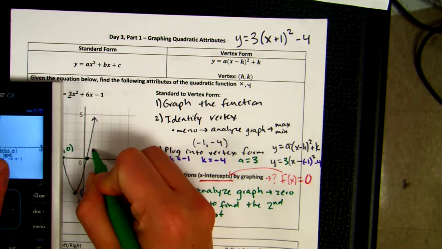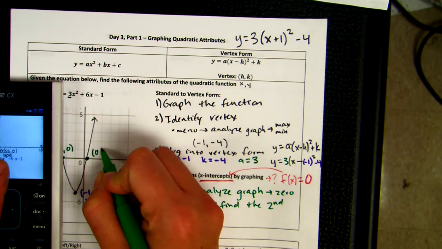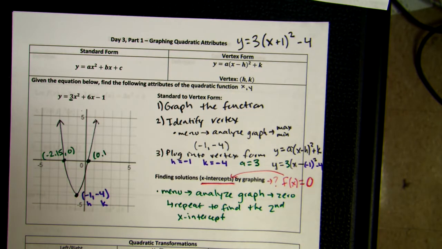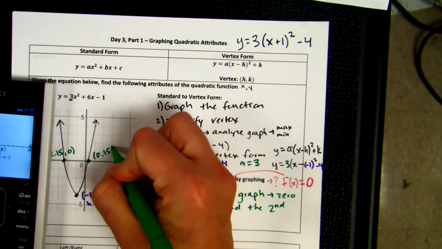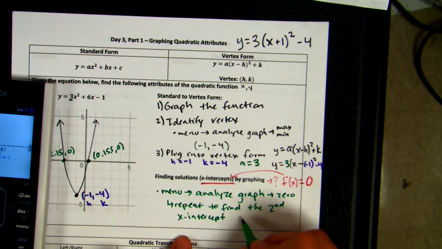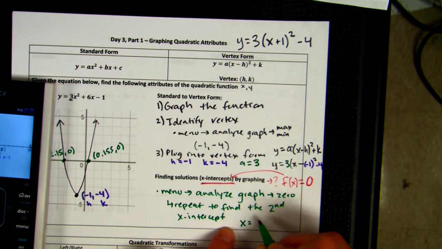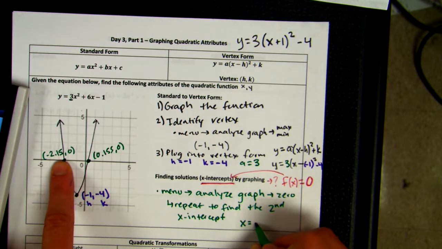And I've got here that it's 0.155, comma 0. So my two x-intercepts are x is equal to negative 2.15 and x is equal to 0.155.